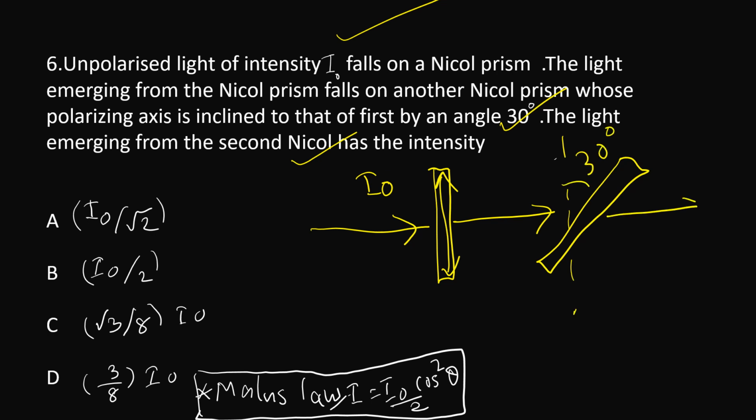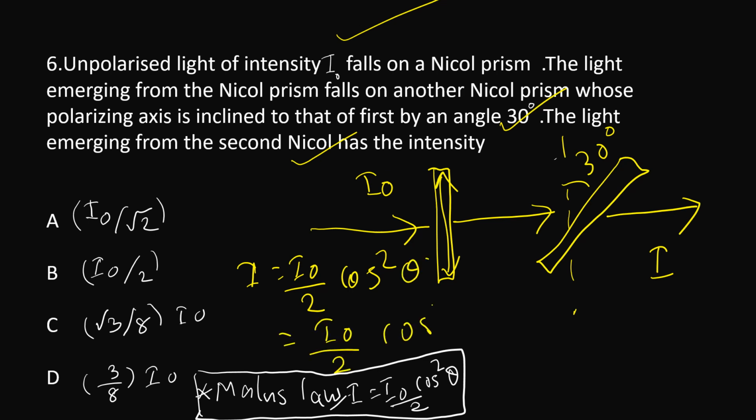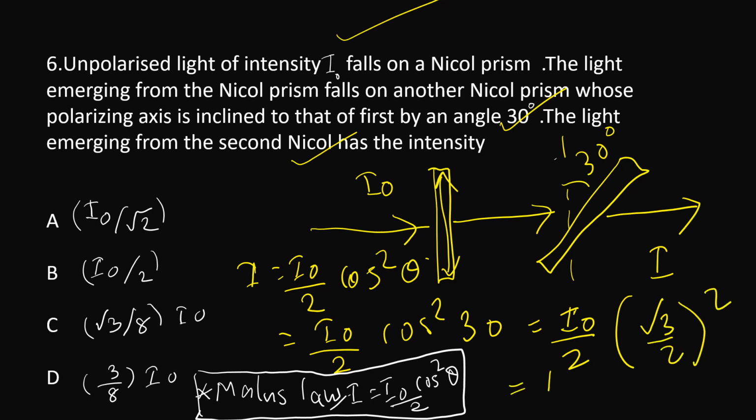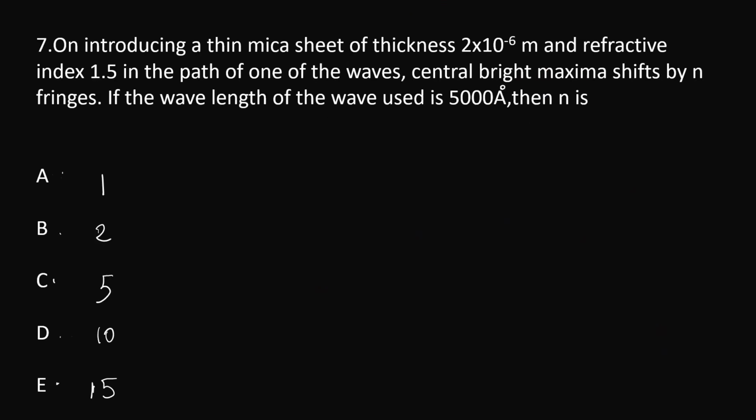Then the emerging light intensity I we can write I equal to I0 by 2 cos square theta, that is I0 by 2 cos square 30, that is I0 by 2 into root 3 by 2 whole square, that is I0 by 2 into 3 by 4, or 3 by 8 I0. So option D is the correct one.